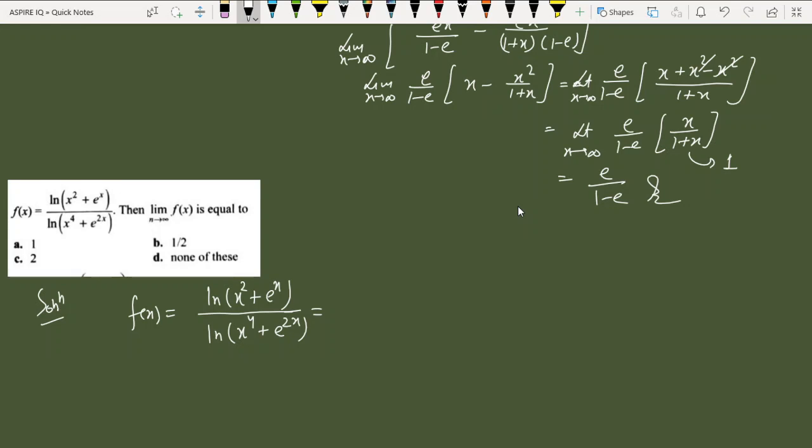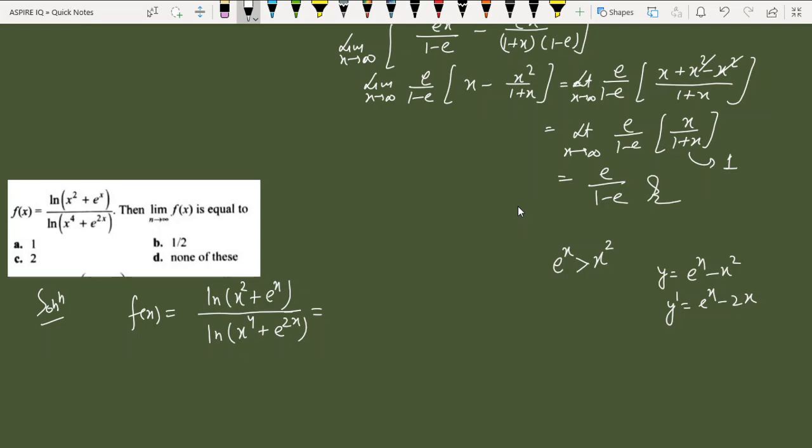So what I'm trying to do: let's see, e to the power x and x square, which one is greater? It's very clear, e to the power x is greater than x square. You can verify it by differentiation. Let y be e to the power x minus x square, differentiate it: e to the power x minus 2x.